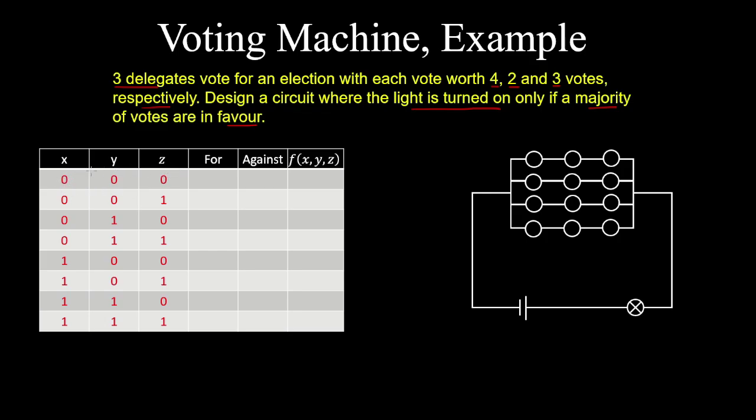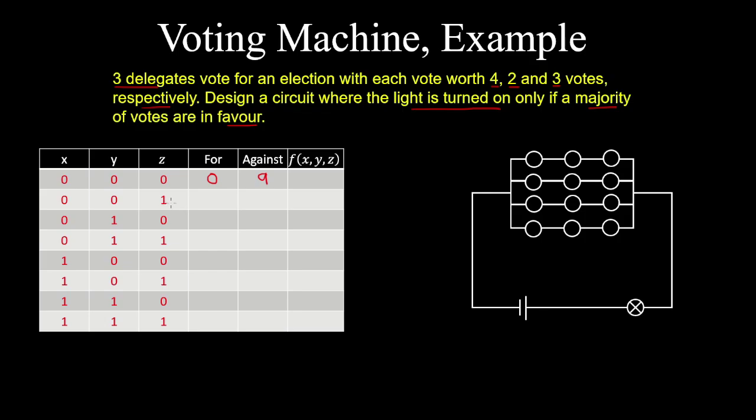So 0, 0, 0, 0, 0, 1 and so on. So if a delegate votes in favour, the 0 will be a 1. So in the first case, the votes in favour are 0, and therefore the votes against are 4, 2 and 3, which is 9.